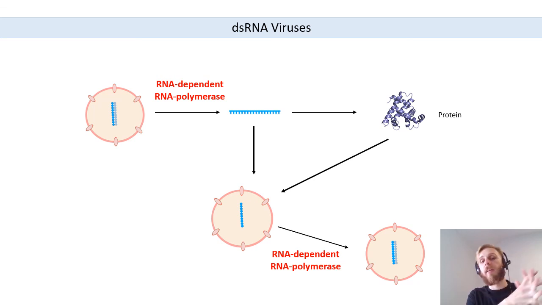Initially, the double-stranded RNA genome is used to produce single-stranded positive sense RNA, RNA to RNA, so it's RNA-dependent RNA polymerase. In the final stage, the single strand of RNA is turned into a double strand of RNA. Again, this is RNA-dependent RNA polymerase because it is producing RNA from an RNA template.